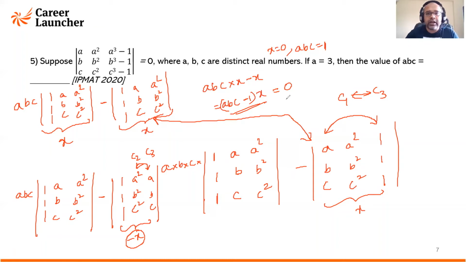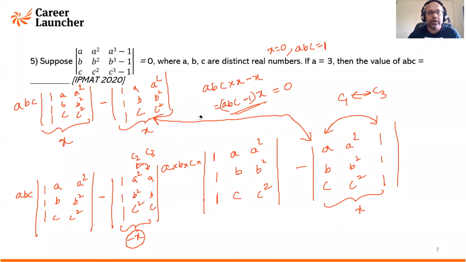They are asking you the value of ABC. Now, you cannot conclude that ABC is 1 unless you prove that x is not 0. Because remember, if x is equal to 0, then it is not necessary that ABC is 1. If x is not 0, then ABC is guaranteed to be equal to 1. So how can I prove that the determinant value, that is x, is not 0?